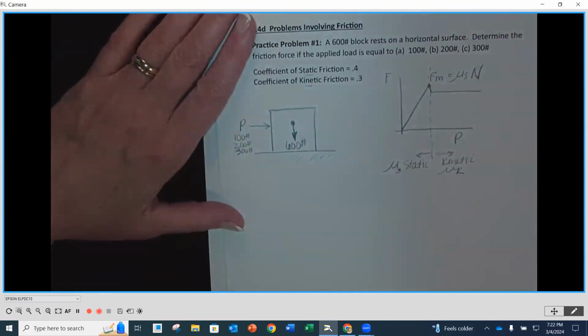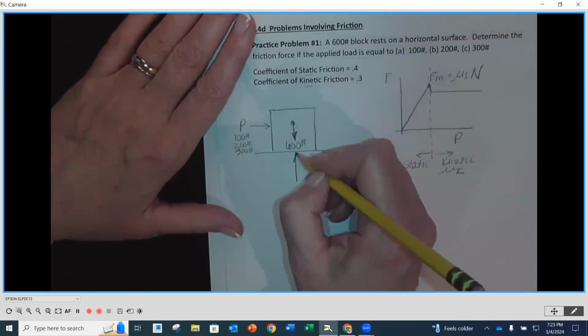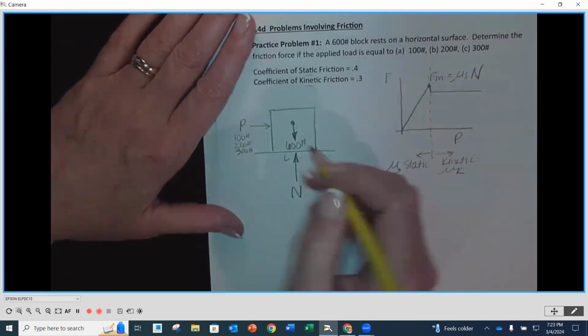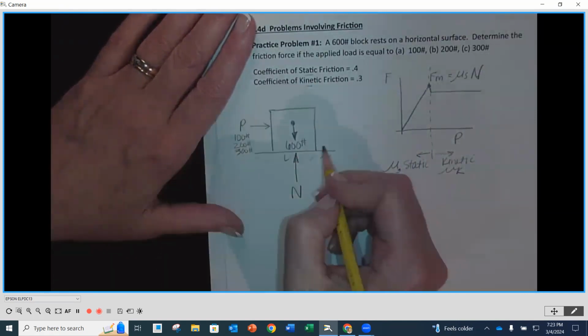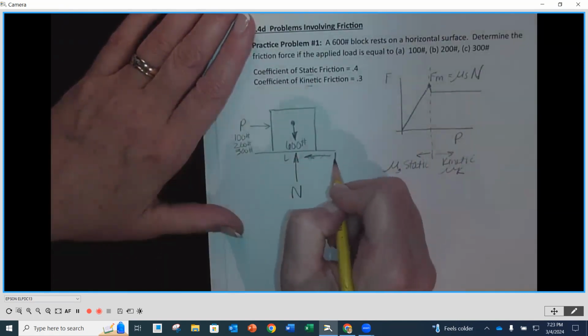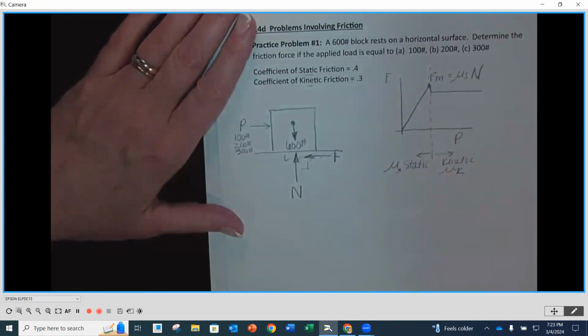Okay. So first things first, we need to finish our free body diagram here. Our normal force is going to be perpendicular to the surface that the block is riding on. And our friction force, capital F, is going to be perpendicular to that normal force, opposite the direction of impending motion.